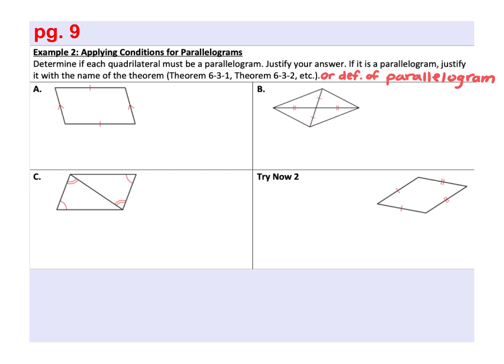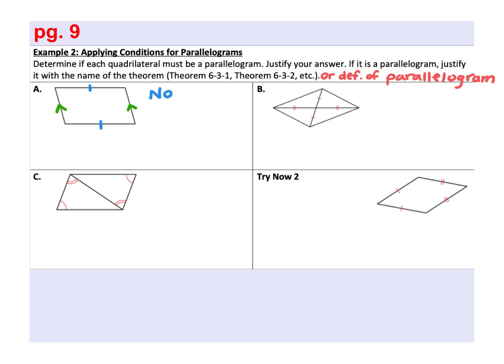So let's begin by looking at this first picture. What you should be noticing is that these two sides with the arrows on them are parallel, and then these two sides with the tick marks are congruent. If you look at your theorem list from this section, in order to prove that a quadrilateral is a parallelogram, you would need one pair of opposite sides to be both parallel and congruent.